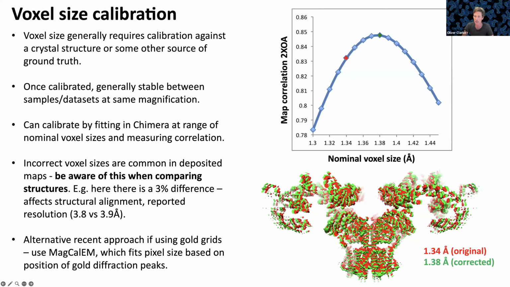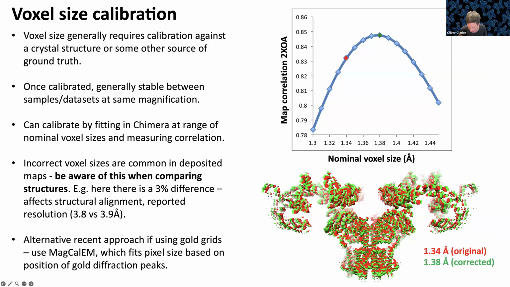Okay. One of the other things I want everyone to keep in mind, and which is not, I think, appreciated enough, is that when you collect a new data set, you should always think about voxel size or pixel size calibration.